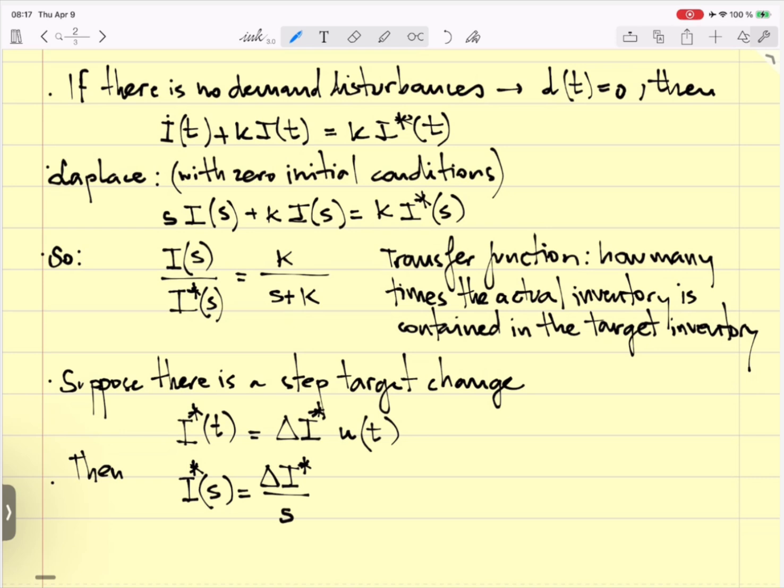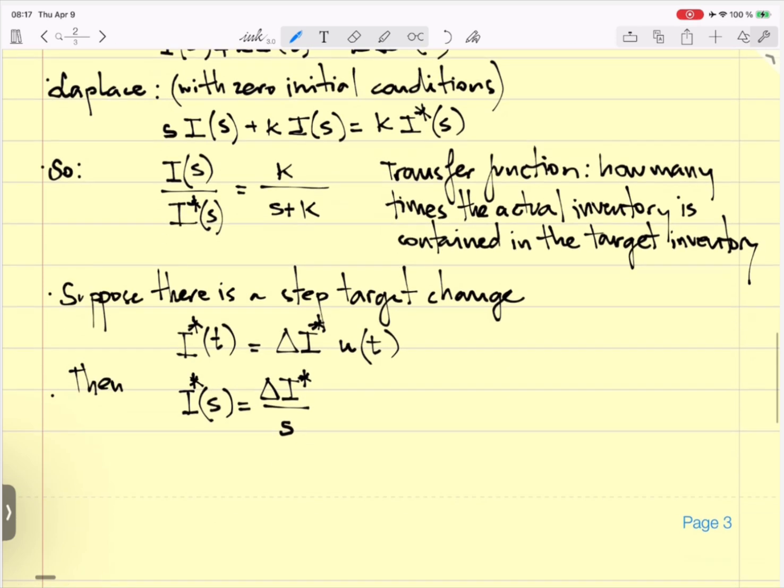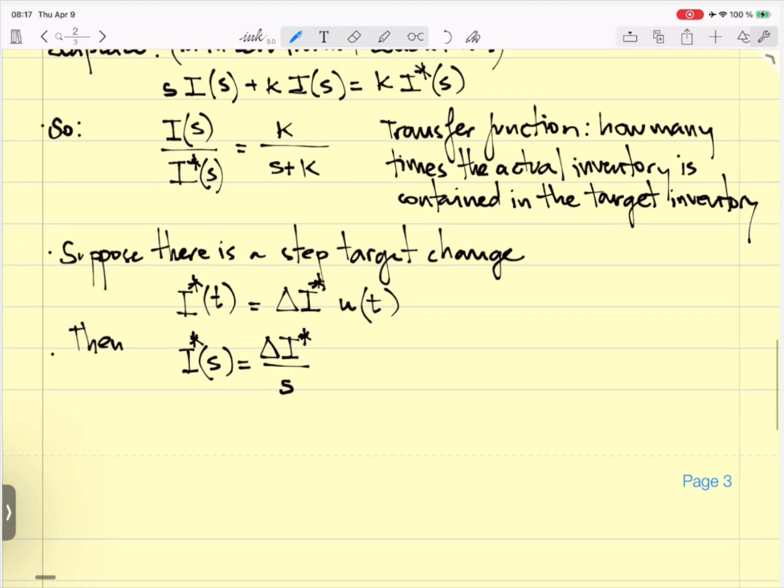So as a result, what we're getting is that I of s equals k divided by s plus k times some delta divided by s.